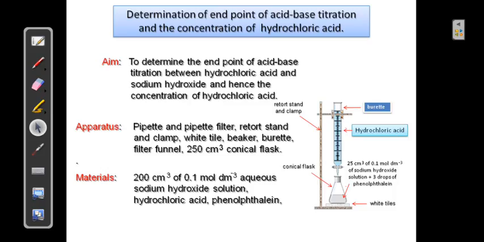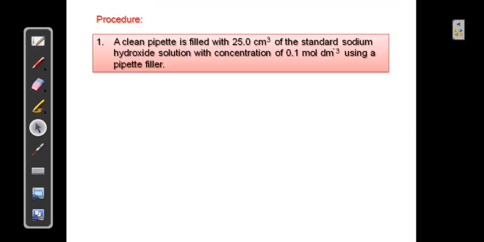Then the procedure. Number one, a clean pipette is filled with 25 cubic centimeter of standard sodium hydroxide solution with concentration of 0.1 mole per cubic decimeter using a pipette filler. So you have to use that to get the measurement.